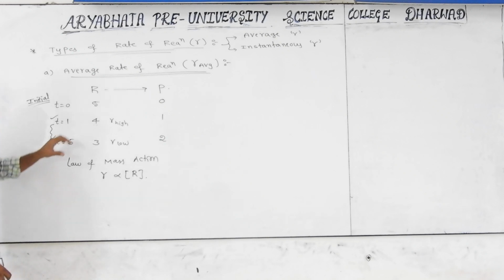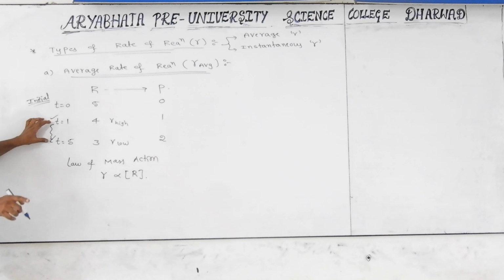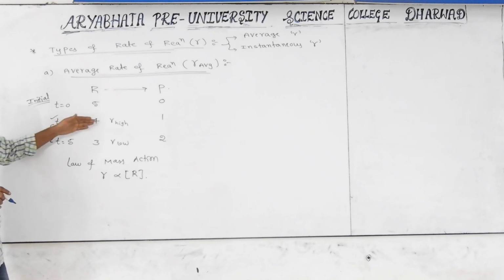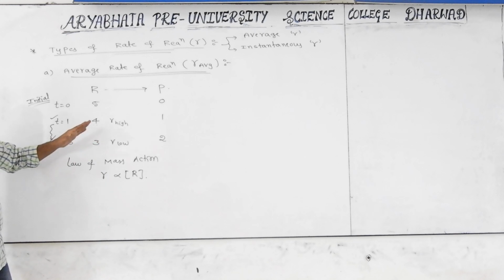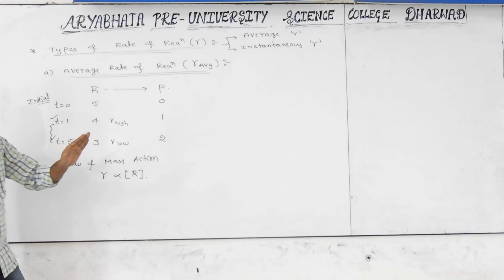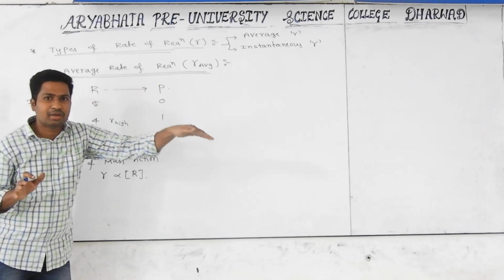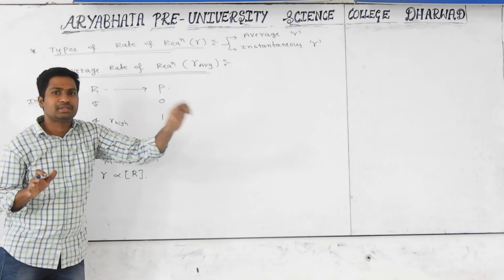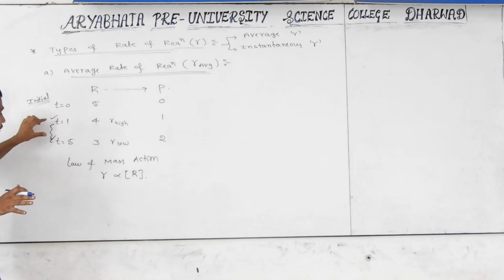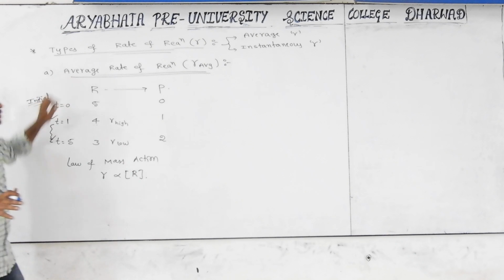Average rate of reaction means the rate of reaction for a chemical reaction measured in a particular time interval, between 1 minute to 5 minutes. Initially, at 1 minute the speed will be high, at 5 minutes the speed will be low. I don't want them separately, I want the average. At some point it may go at high speed, at some point it may go slowly, but I want the average. This will be calculated between a particular time interval.